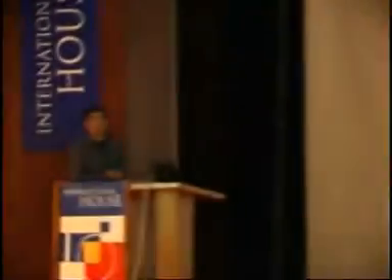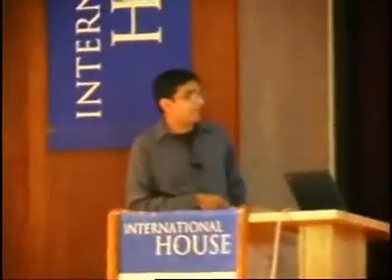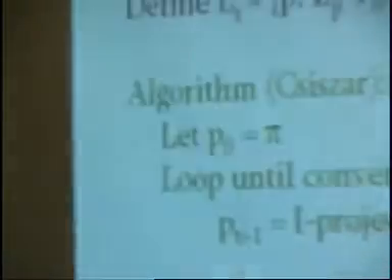So here's the algorithm. It's an iterative algorithm. You start with P equal to your prior, and you keep adjusting P until you finally get to the I-projection. It's very simple. You take whatever you currently have and project it onto the next subspace, and you just keep cycling through all the subspaces.